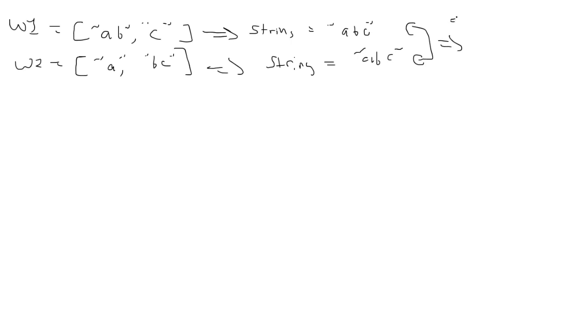If they are equal to one another, we return true. If they don't equal each other, we will return false.